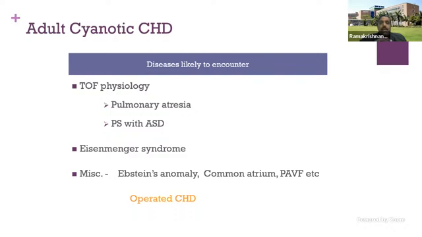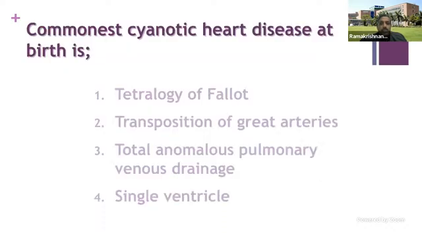So the diseases that you are likely to encounter, if it's an unoperated adult, for all practical purposes, make a note of it: it is going to be some form of tetralogy, if not, some 2Es, that is Eisenmenger syndrome and Epstein's anomaly. These are the likely possibilities in any adult sitting in front of you 99% of times. So we'll go into the details of each one of them.